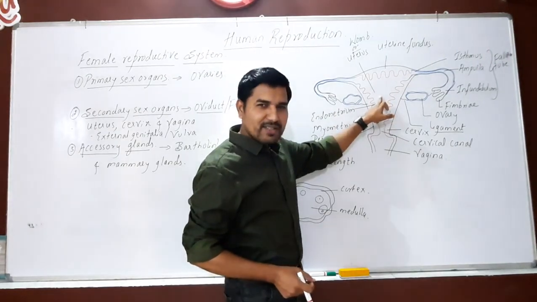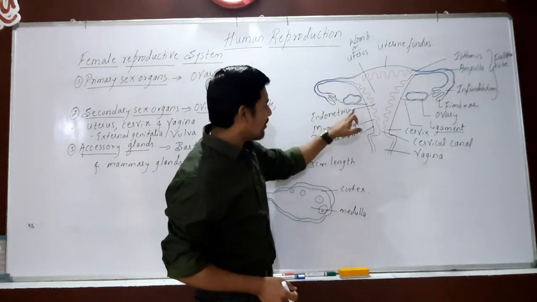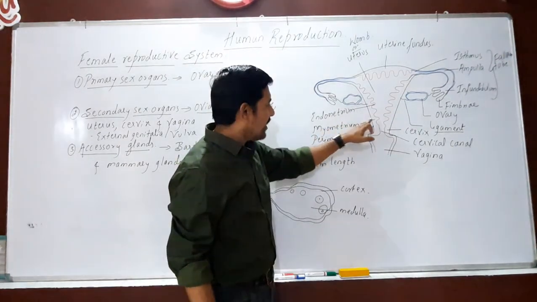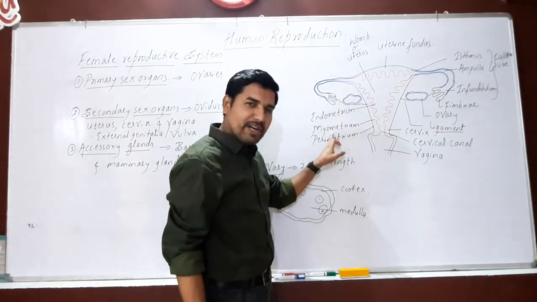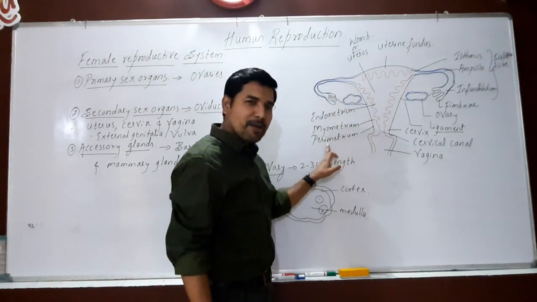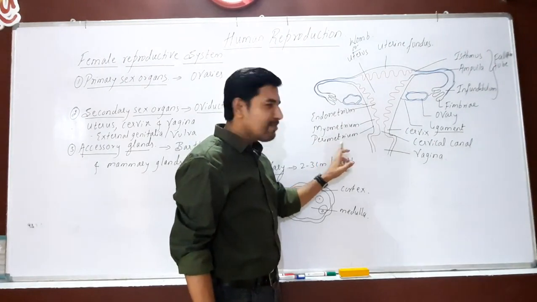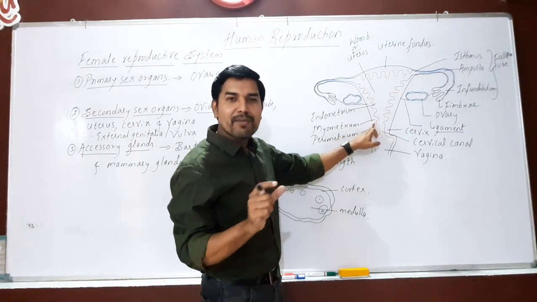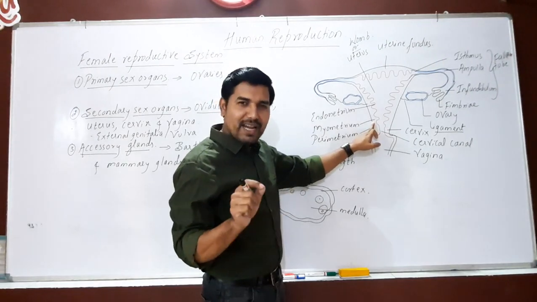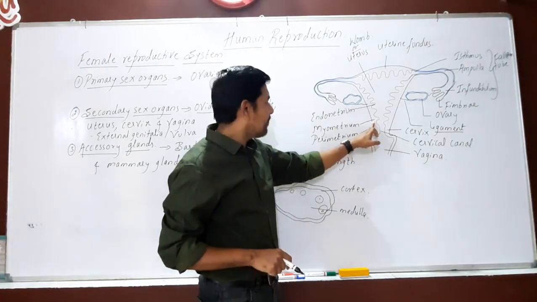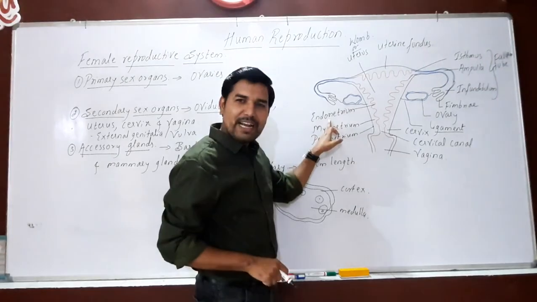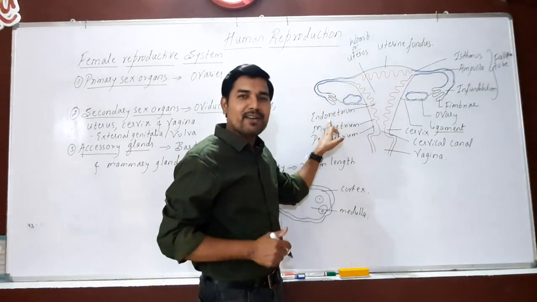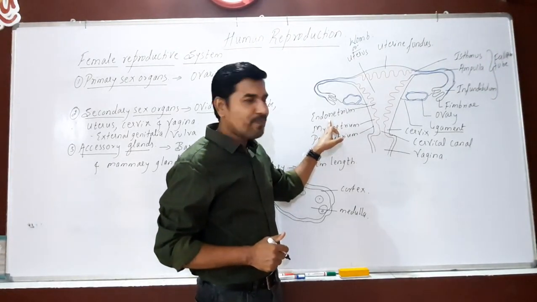Now this uterus consists of an inner layer called the endometrium, a middle layer called the myometrium, and an outer layer called the perimetrium. The perimetrium is a thin wall. Myometrium, as the name says, myo meaning muscle, is made up of muscle, mainly smooth muscles. The inner layer, the endometrium, is glandular. It consists of glandular cells.